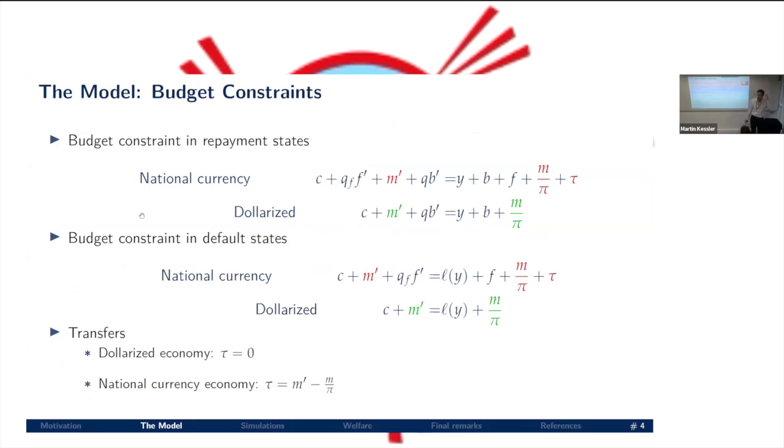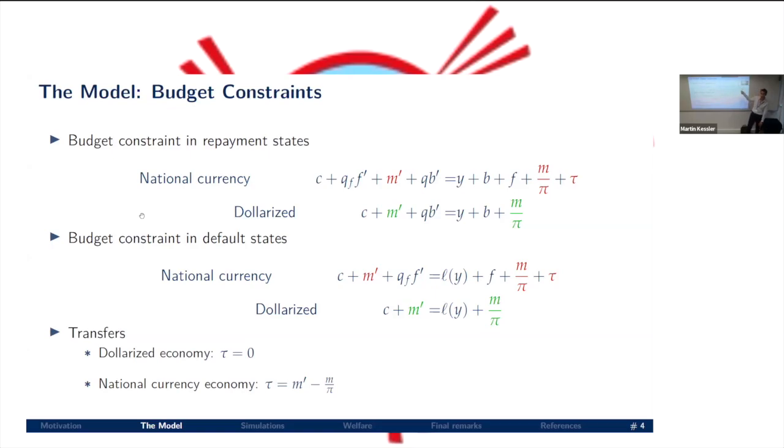What are the budget constraints in this economy? So for an economy that has not dollarized and maintains its national currency, in the budget constraint they consume, they buy international reserves at price Q out, they demand money, they demand foreign debt at price Q. This price Q is endogenous, and we carry the default probability in it.